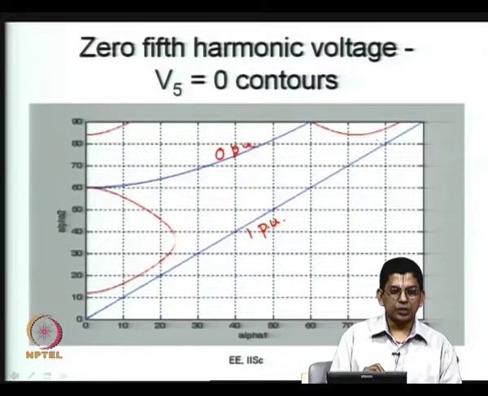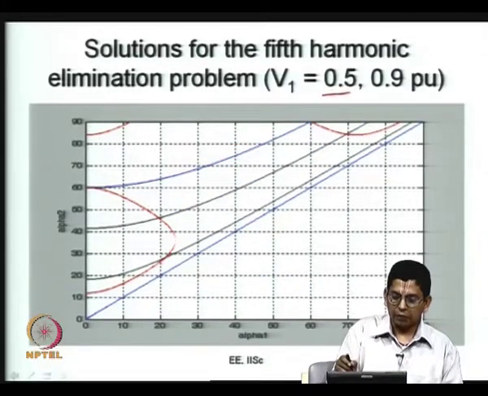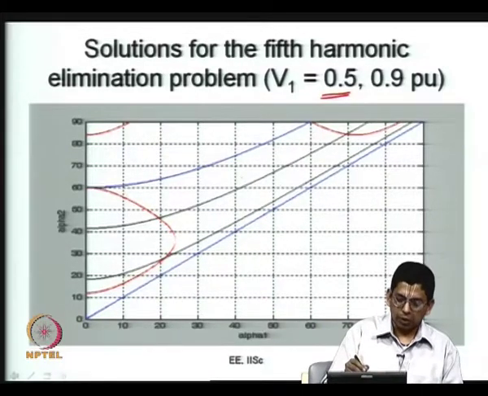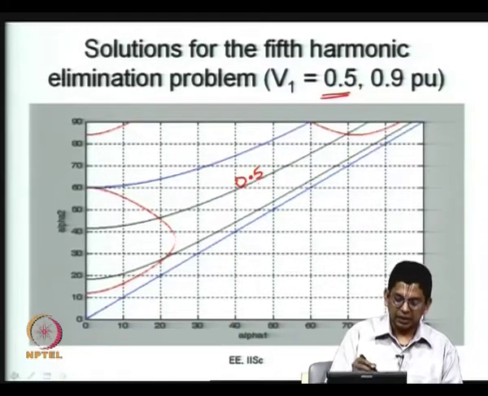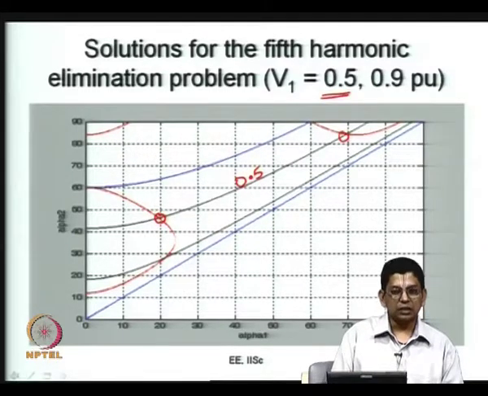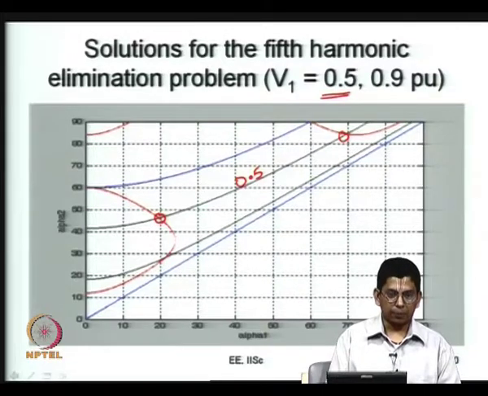So, if you want to choose any value of fundamental voltage, let us say I want to choose 0.5. If I choose V 1 is equal to 0.5 and I plot V 1 is equal to 0.5 on this, I see that it intersects at 2 points. These are the solutions for the fifth harmonic elimination problem.